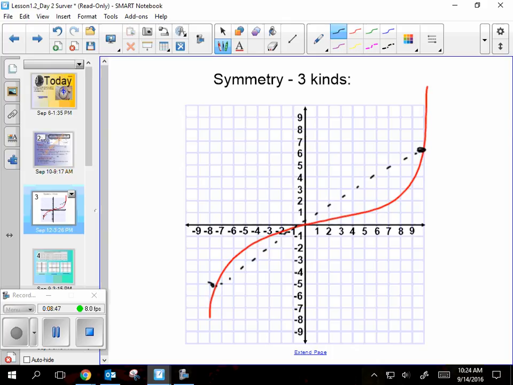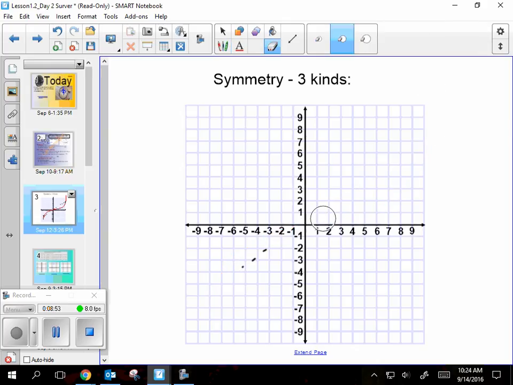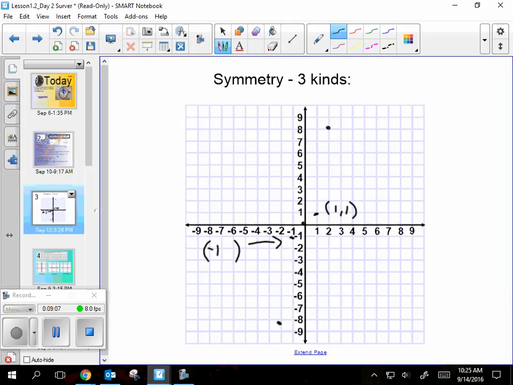All right, now let's dig into that a little bit deeper. The one that I gave you that had perfect points, it's a little narrower and harder to see, but I'm going to slap it back up here. It had 2, 8, and it had -2, -8. Do you get that if I take this point 1, 1, the other point that's like it is actually -1, -1? And 2, 8 turns into what? -2, -8.